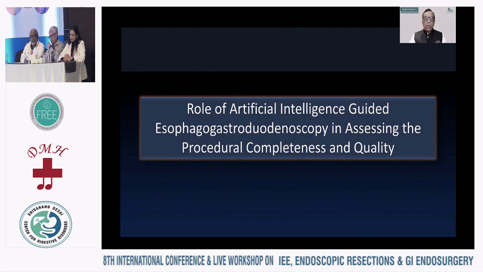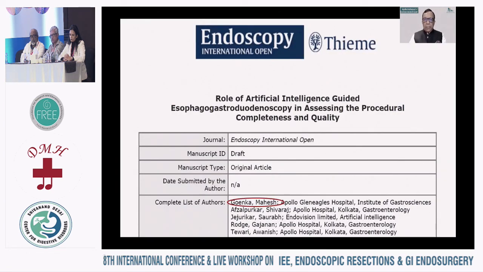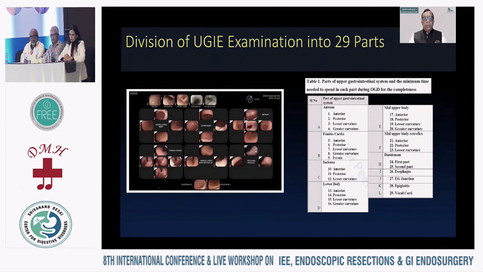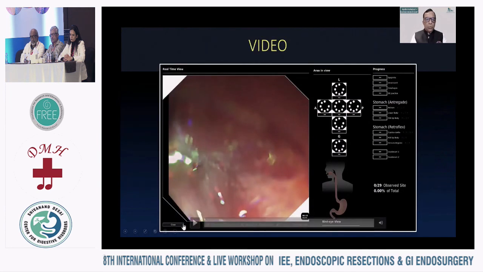So with the help of a Hong Kong group, this is under publication, we developed 29 areas in the upper GI endoscopy. They can be the antrum, fundus, incisura, lower body, mid-upper body, duodenum, esophagus, EG junction, epiglottis, and vocal cord. And I'll just show you how the system works and run through this short video.